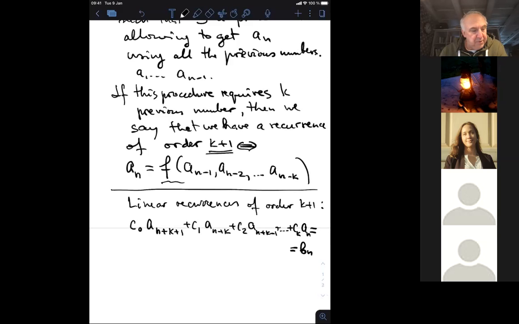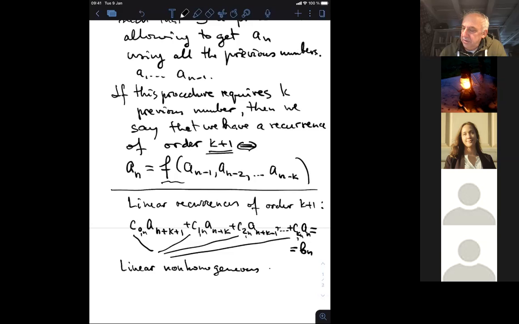So in principle, these guys can also depend on n, so I'll put the indices here. So we have a linear, in general non-homogeneous, equation satisfied by k+1 consecutive entries.